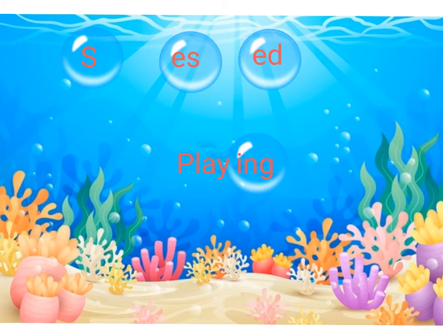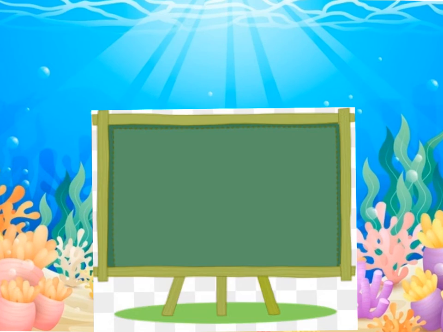Let's practice writing just a few words with suffixes. Boys and girls, when I'm writing words with suffixes, I want to make sure I first identify the base word. So let's go ahead and write this word. My first word is cats. Identify the base word. What's the base word? The base word of cats is cat.